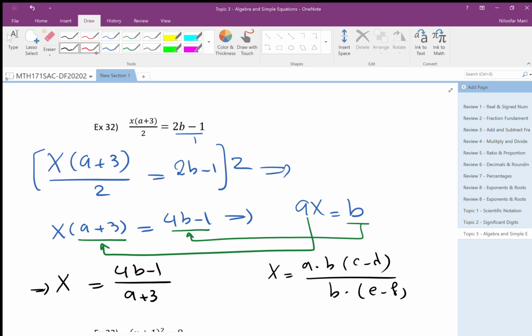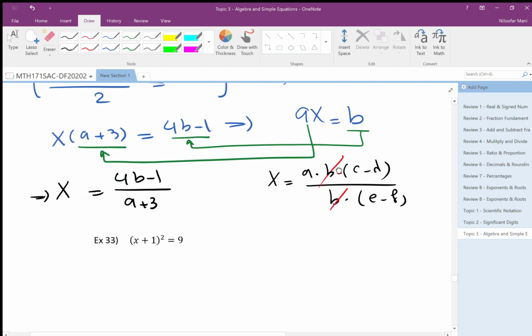If I see multiplication between them, then yes, I can cancel this and this, but not in this case. Of course, in this case you don't see anything to simplify, but I'm just telling you about simplification. So how about next?